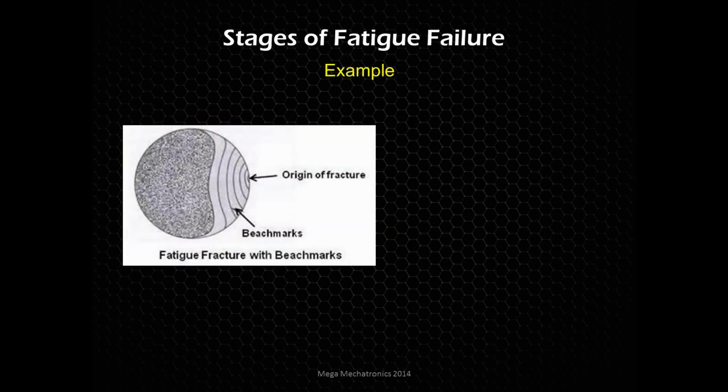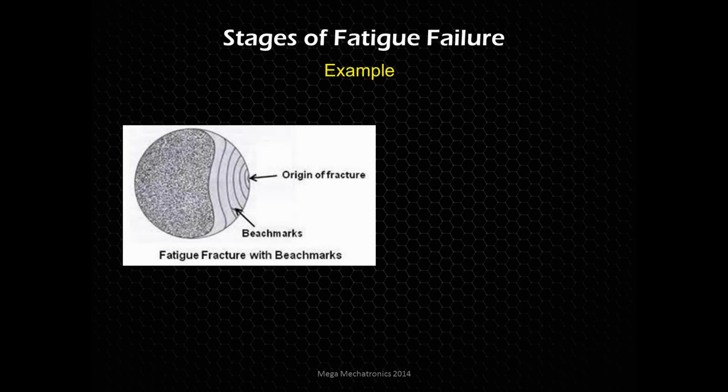So looking at an example, we have a fatigue fracture with visible beach marks. There are beach marks that are typically visible to the eye, and you could see how those beach marks radiate from the origin. So that's a very good indicator. And this is the ideal. In the real world, you don't always get so lucky to find these beach marks or have access to an electron microscope to view the striations, which are similar to beach marks, but appear in different materials and different sizes.